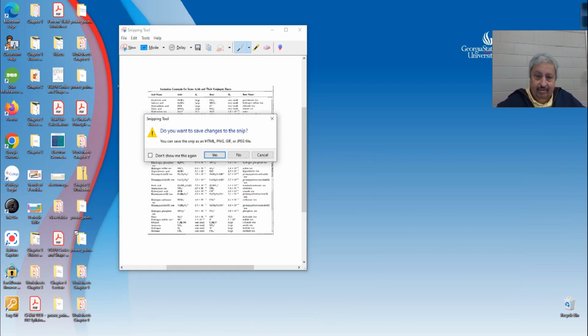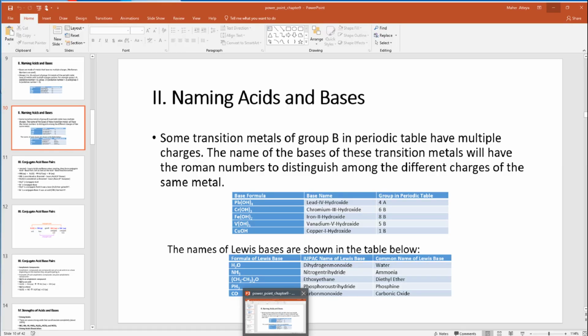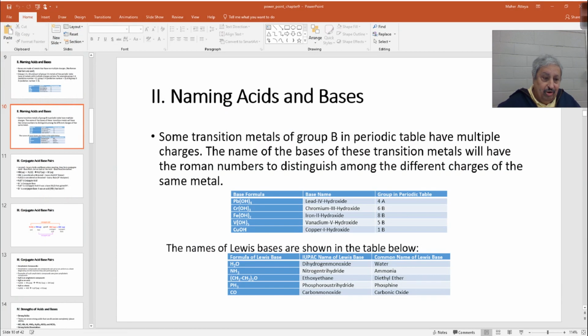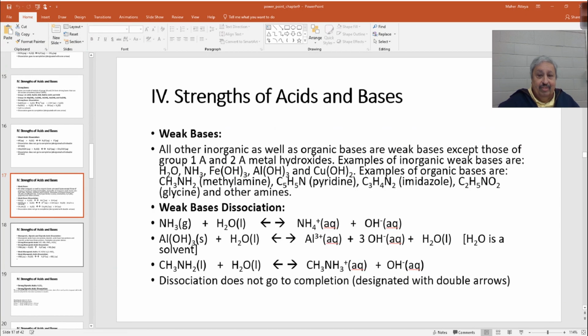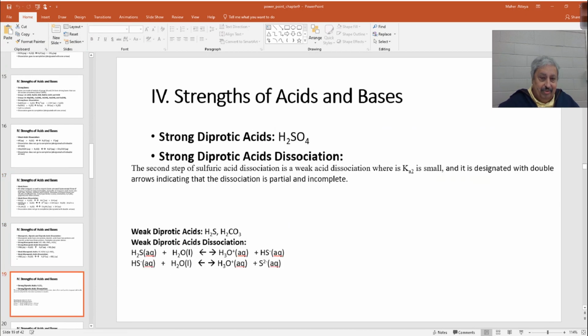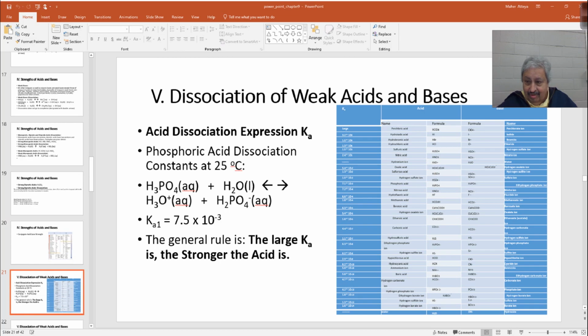Okay, guys. So now we'll get out of this. We went to the strength, we went to the whole thing. We went to conjugate base, strength of the acid, strength of the base. We talked about this. Here are the values, but without the Ka value. There's a good one here.